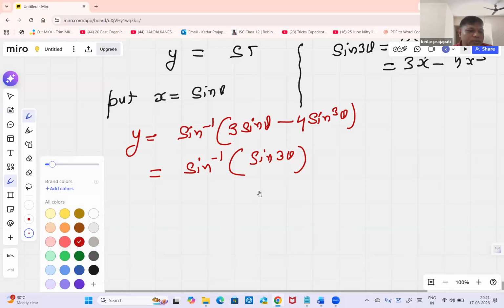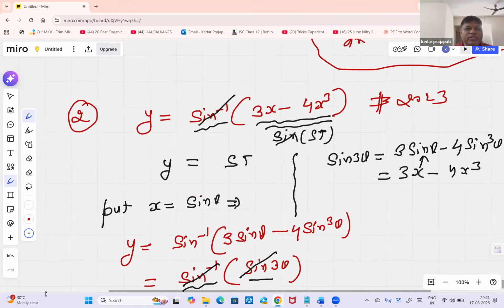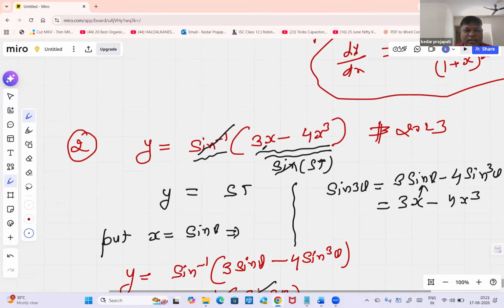Now we got the inside value in terms of sine. It is sine inverse, so inside you have to get sine of something. So now this sine and this sine inverse are cancelled and the value is 3 theta. Right? But this is not the exact expression. Now you have to write theta in terms of x, because in the question, inside it is x.